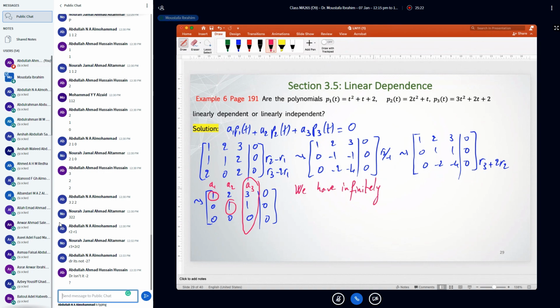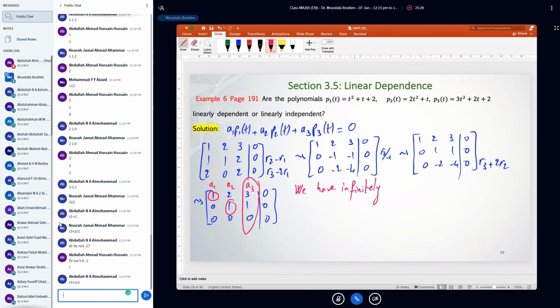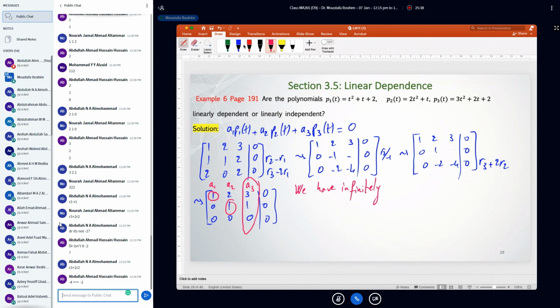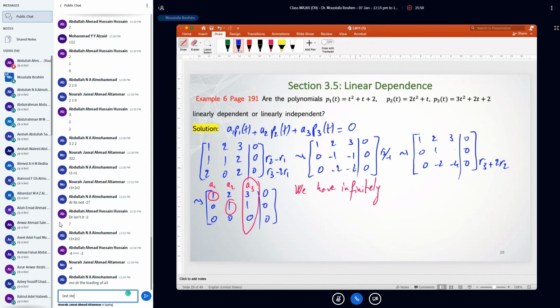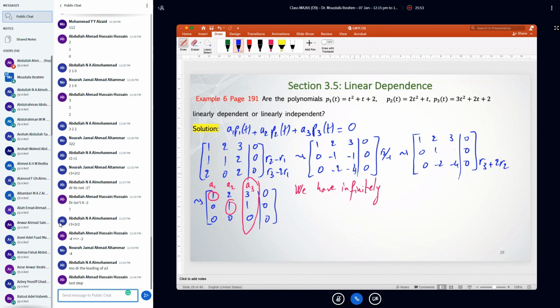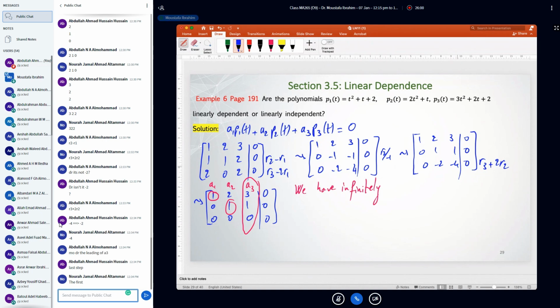Here, minus 3 plus 2, minus 1. Here, just again: 1, 1, 2, 2, 1, 0, 3, 2, 2.